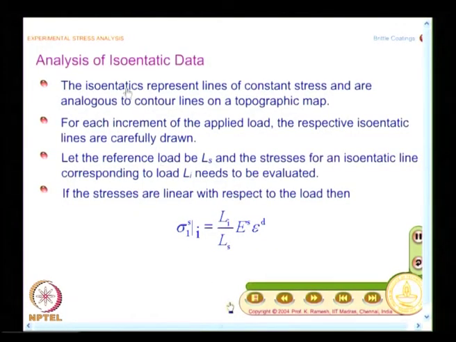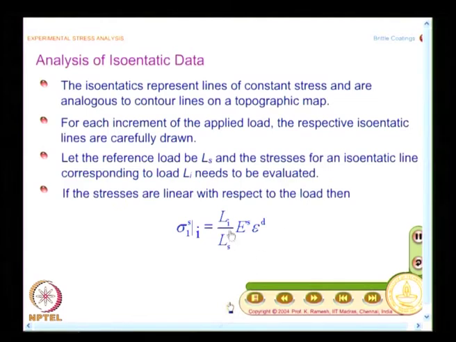So, when I want to do the analysis of isostatic data, let us consider the reference load to be Ls, and let us find out for an isostatic line corresponding to load Li that needs to be evaluated.